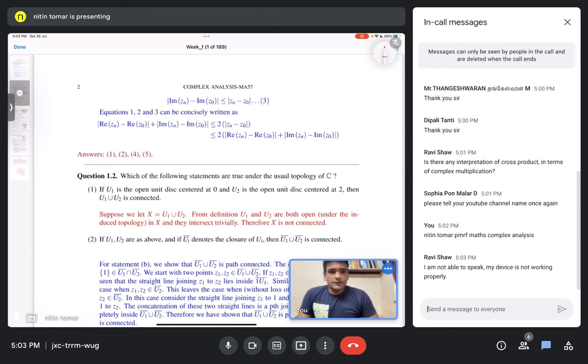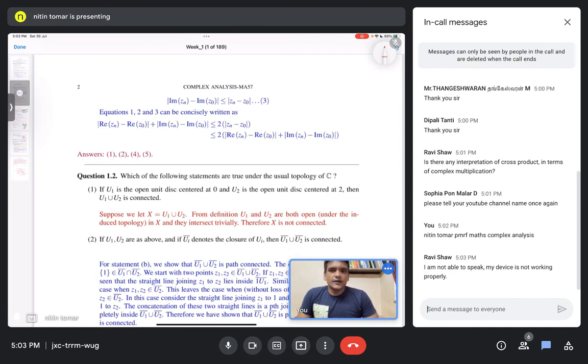So in the complex plane, we have the concept of orthogonality. These two notions can be connected, and I will reach a point where the answer to your question will be yes, there is an interpretation of cross product.